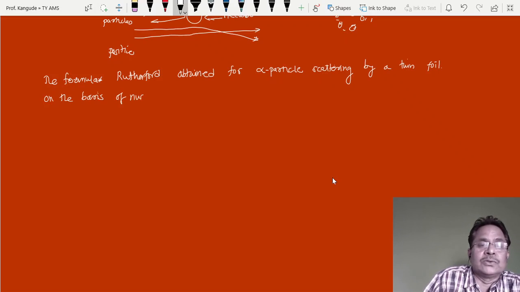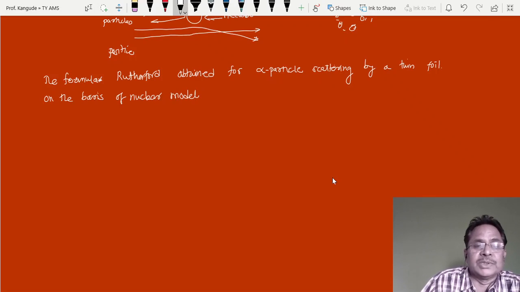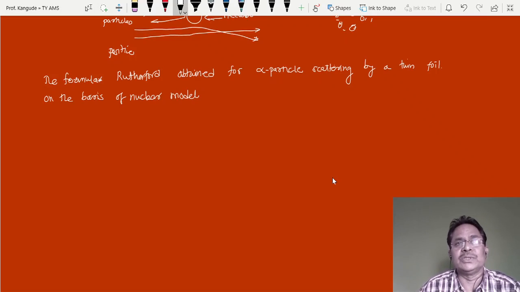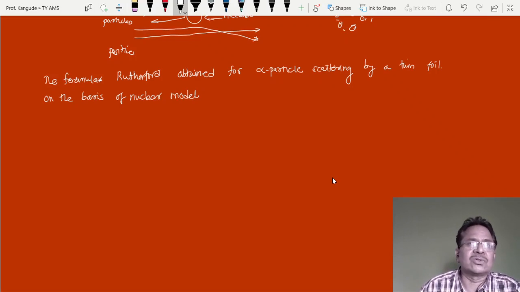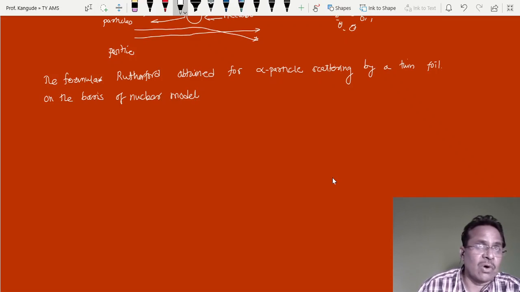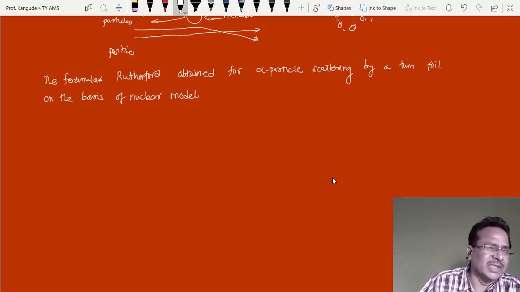So what was the earlier model given by Thomson? Rutherford assumed that the atomic model is not like that: most of the positive charge is concentrated in a very small space and electrons revolve around it. He went for those calculations, and on the basis of them he could measure the radius of the nucleus of gold.